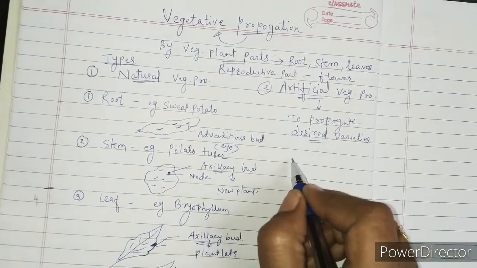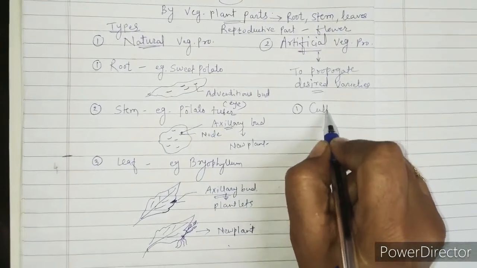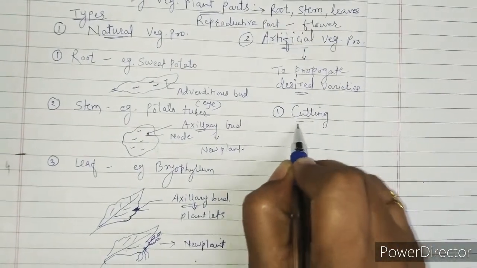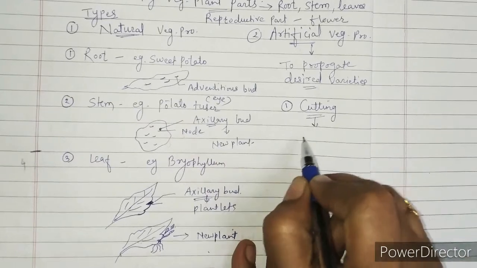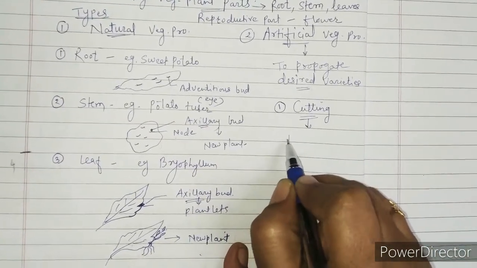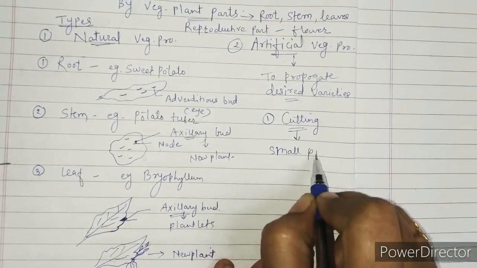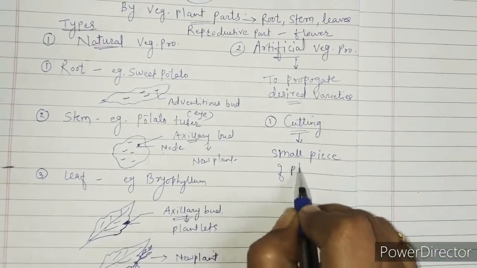Here again there are two main types of artificial vegetative propagation. The first one is cutting. Now what is cutting? Cutting is any small piece of plant part.